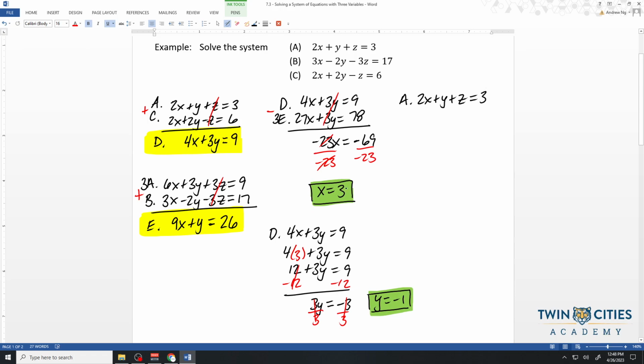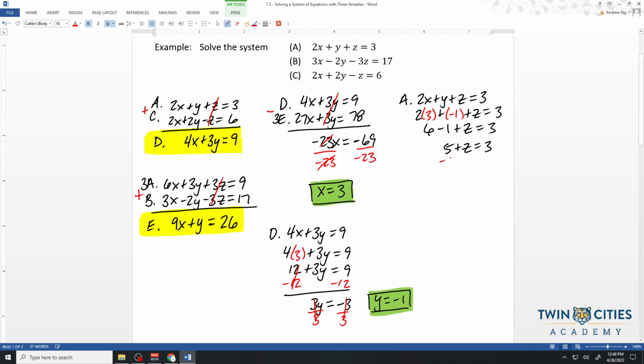That'll be 2x plus y plus z is equal to 3. But I now know that x is 3 and y is negative 1. So this will be 2 times 3 plus negative 1 plus z is equal to 3. 6 minus 1 plus z is equal to 3. 5 plus z is equal to 3.